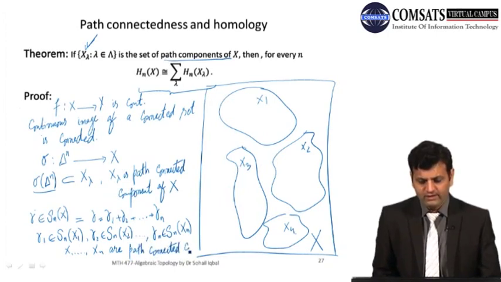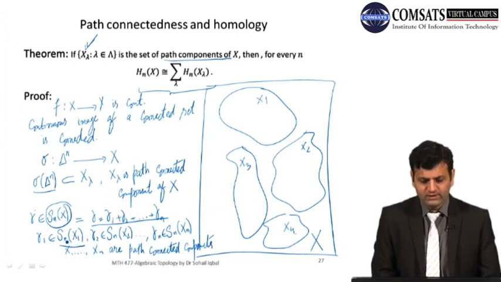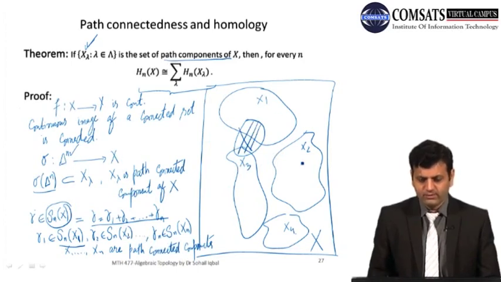Every element of this free abelian group can be written in this form, where each gamma belongs to the free abelian group generated by all singular simplices inside its component. It cannot happen that the image of a sigma belongs to two different sets, because the simplex is connected, so its continuous image must be contained in one of the connected components.